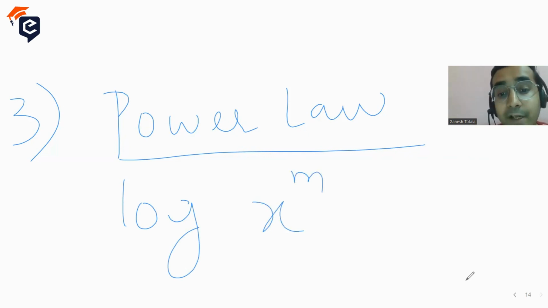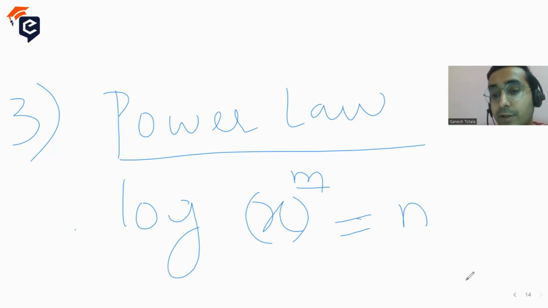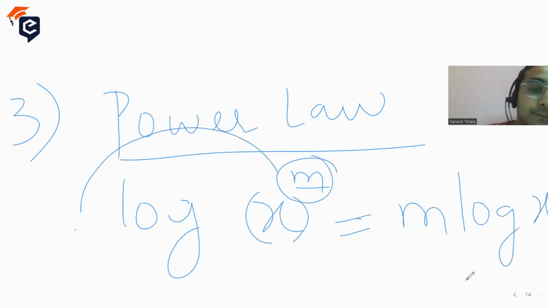Note, the power is only for x and the power is not for the complete log x. This is a very important thing to be noted here. Log of x to the power of m is always equal to m into log of x. Just place this m before the log. So log of x raised to m is always equal to m into log of x.